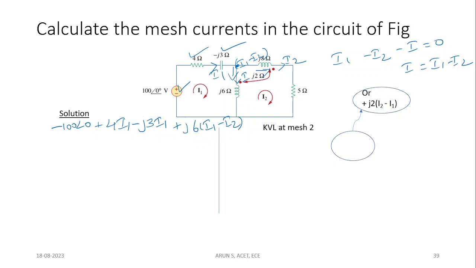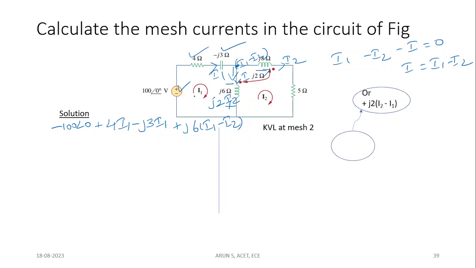The current I2 is flowing through J8. It is entering the undotted terminal. So the generated voltage positive will be at undotted, negative will be at the dotted terminal. And the induced voltage will be mutual inductance J2 multiplied by current I2.